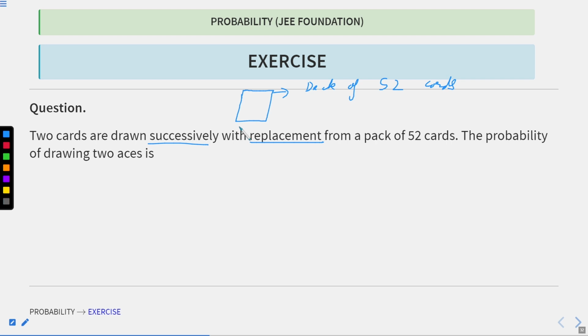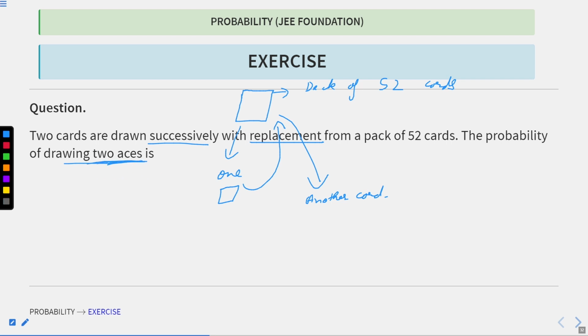That means if I draw 1 card, then I put it back into the deck and then again draw another card. So what will be my probability in this case for getting 2 aces?